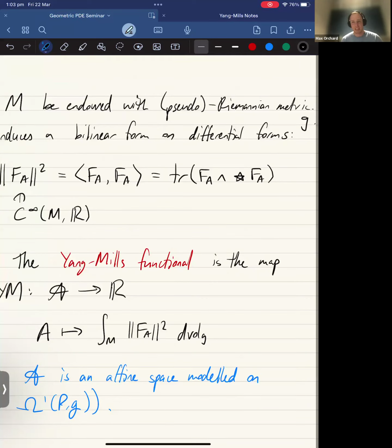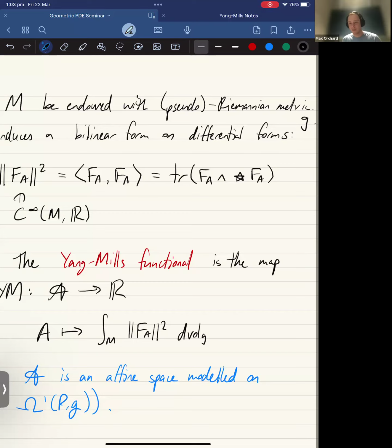And I'm not entirely sure myself about this. I think I've seen somewhere that you specify the group to be, for example, SU, and the trace is the trace in SU, right?